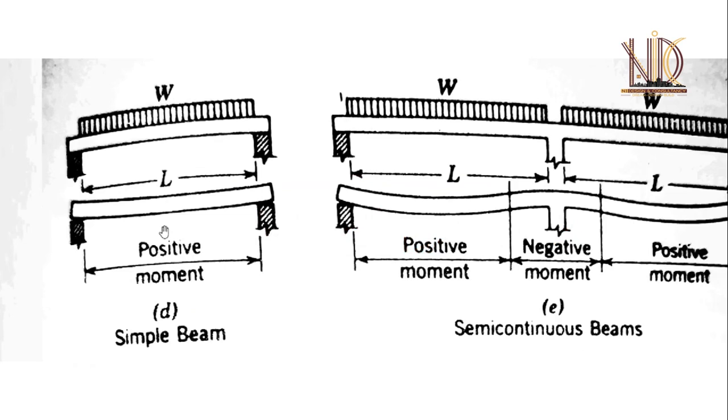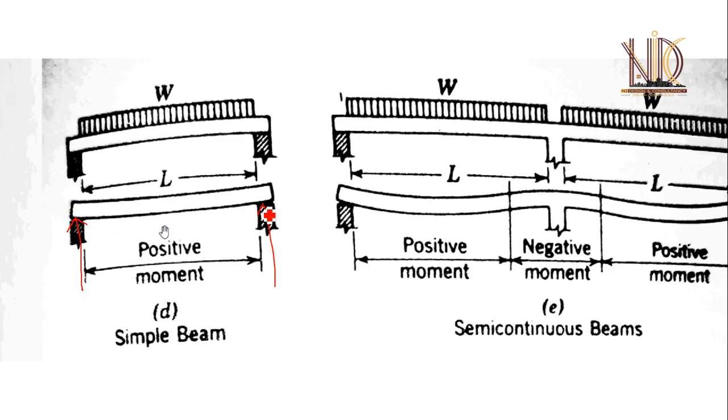We have talked about the vertical member. Now let's talk about the horizontal member. Suppose this is a simply supported beam, so this beam stands on 2 supports.